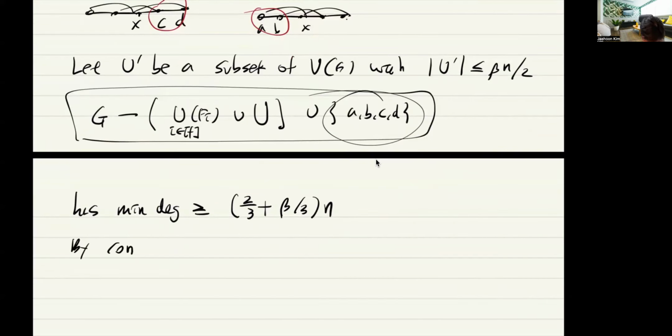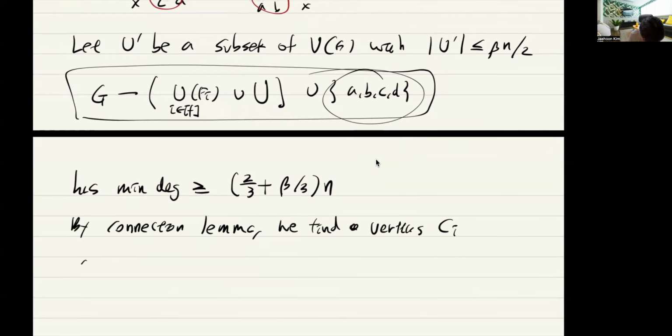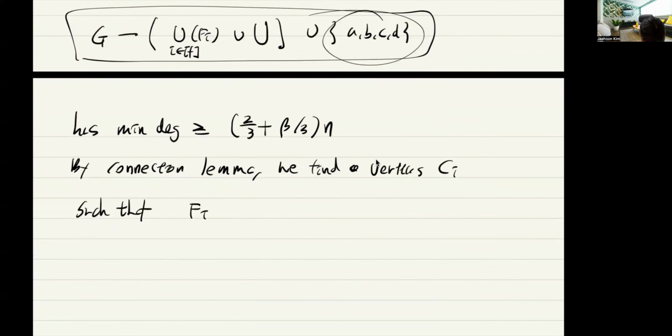So by the connection lemma, we find the vertices Ci such that Fi, Ci, Fi plus 1 form the square of a path.